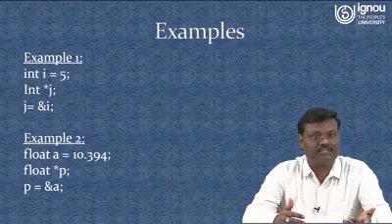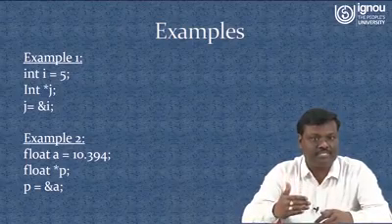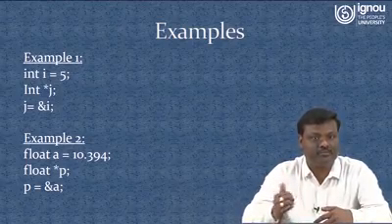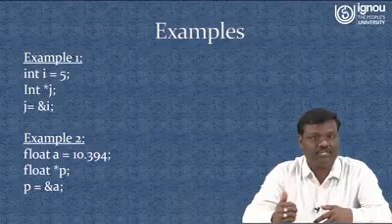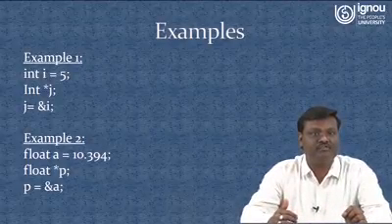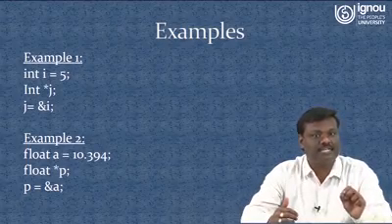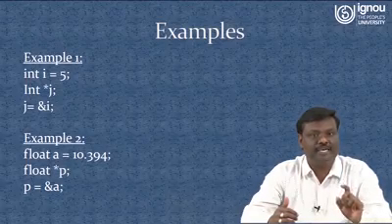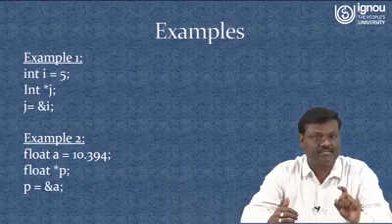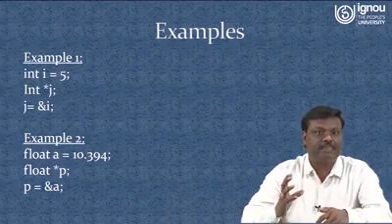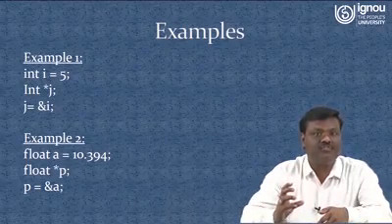In example 2, you can see float a equals 10.394, then p is a pointer variable pointing to a float. So here you can capture the address of the float a, so p is storing the address of a.